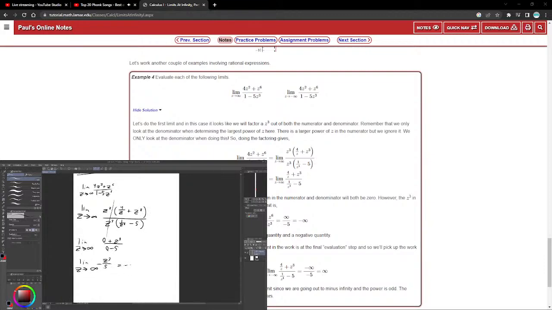So, yeah. The final limit is negative because we have a quotient of positive infinity and a negative infinity.